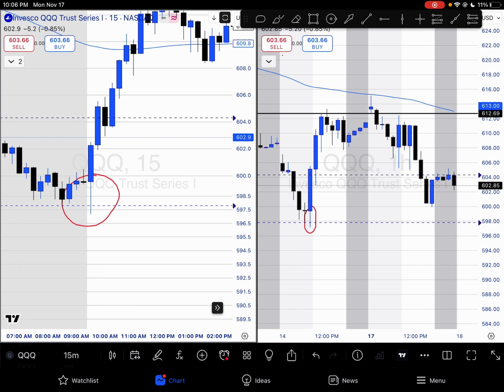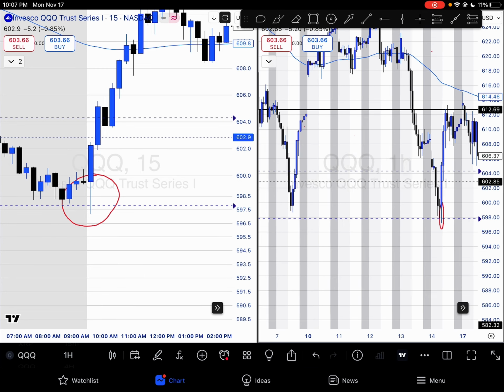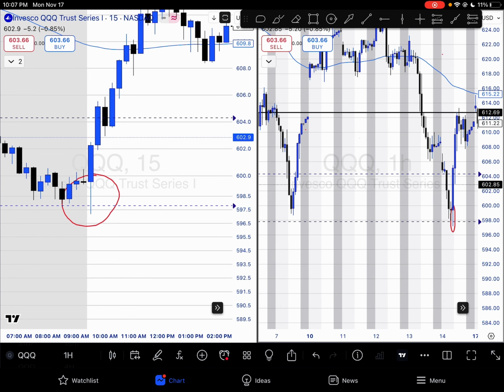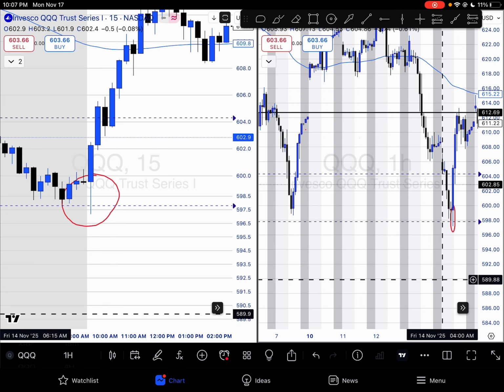And what we're looking for specifically is this key level. Now, you say, what's a key level? A key level is a key spot where price really matters. The reason why this is called a key level is because of what happened a few days prior.